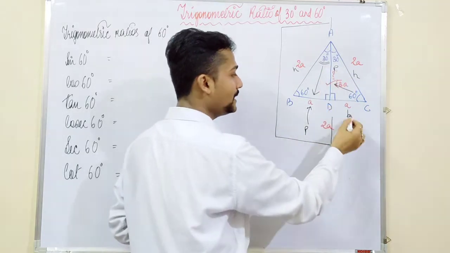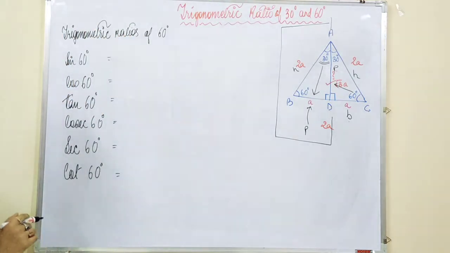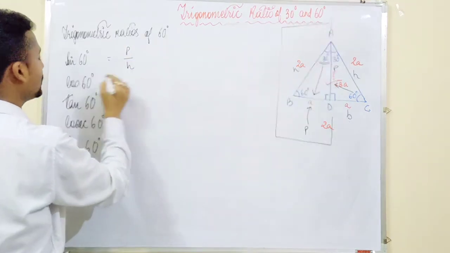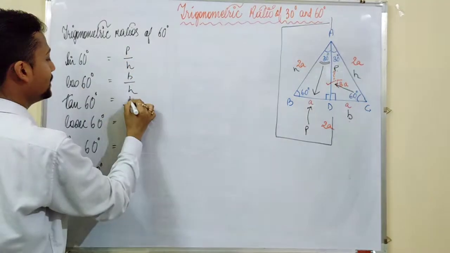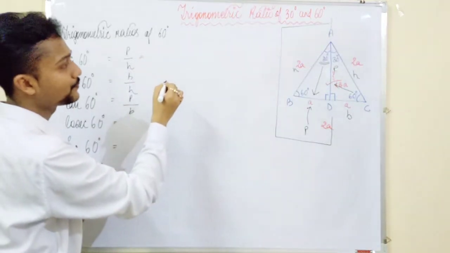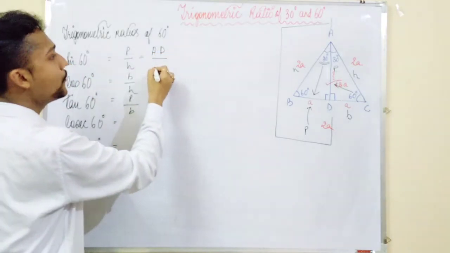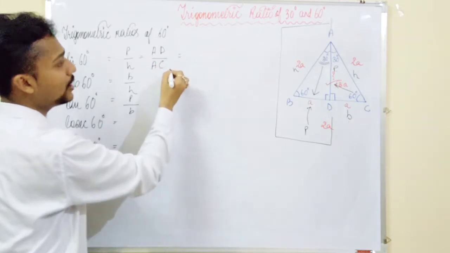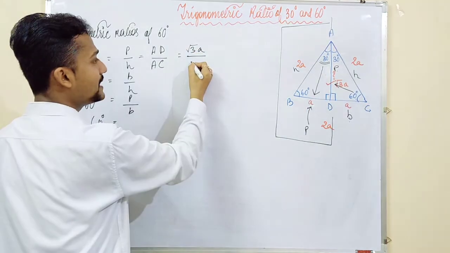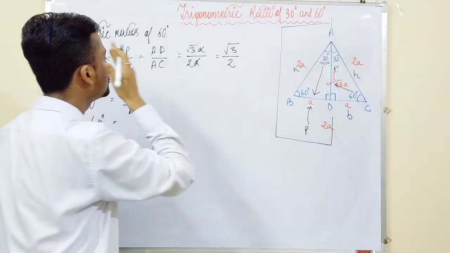That means AD will become P, CD will become B and AC will become H. So sine 60 degree is equal to P by H, which is AD by AC. AD is root 3A and AC is twice A, so it will be root 3 by 2.